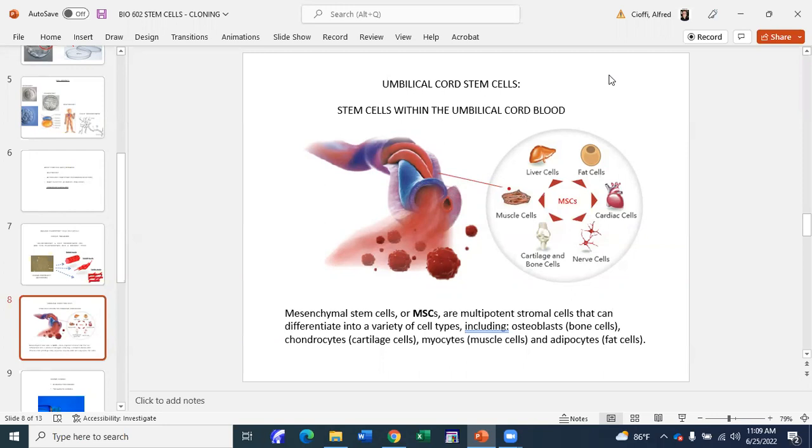So even stem cells from a chronological child are considered legally adult stem cells simply because the child is already born, right? It's not an embryo anymore. The same with these umbilical cord stem cells. Technically, they are adult stem cells.